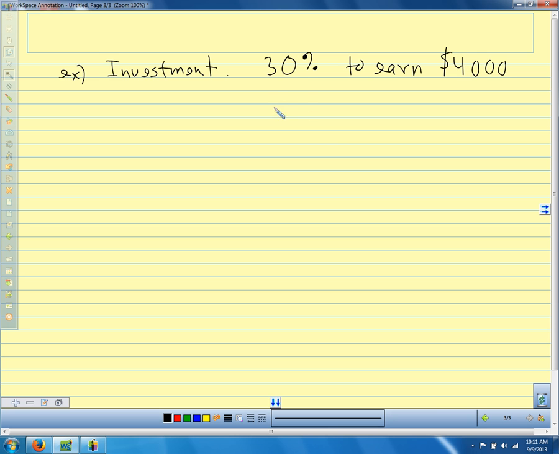We have a 60% chance to lose $1,500 and a 10% chance to earn $1,000.